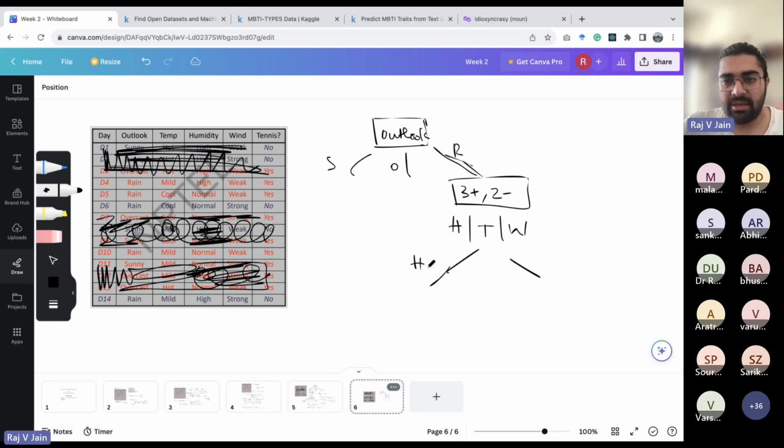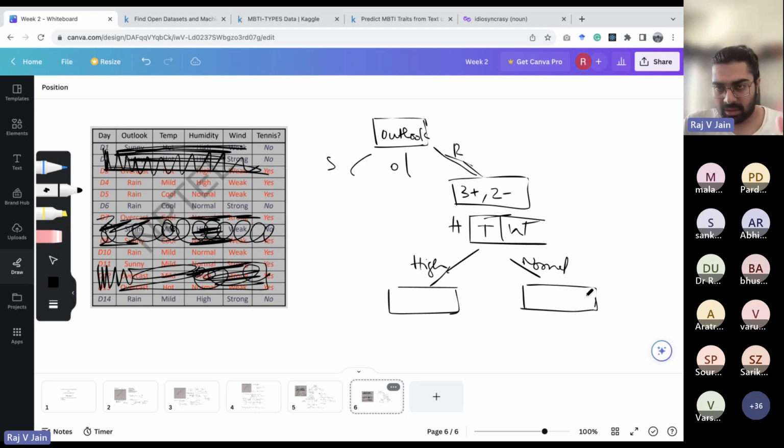So humidity is high or normal. By the way, we're doing it for humidity. This is later on. So we're doing it for humidity right now. Now let's look at the distribution of this tennis variable for these two particular values. So for high, I have one yes here and one no, right?